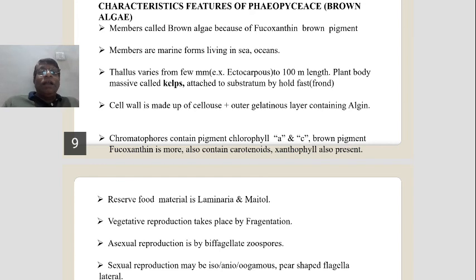Okay. Next, let us examine the plant body. The plant body varies from a few millimeters, example Ectocarpus, sometimes to 100 meters in length. You imagine the size of the plant body.